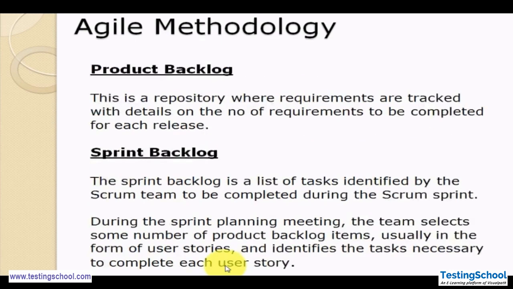So here we have covered the product backlog that has certain user stories. User stories are nothing but certain functionality, and those functionalities we take into our sprint for current implementation, which we call our sprint backlog.